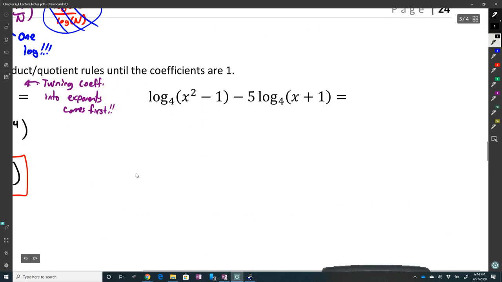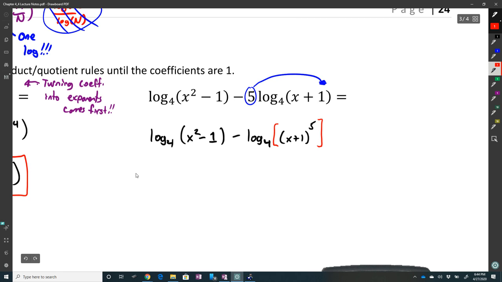So here, first we make the coefficients and turn them into exponents. Now it becomes an exponent of the entire thing. So what we have is log base 4, x squared minus 1, minus log base 4, and here we write this as x plus 1 to the 5th.